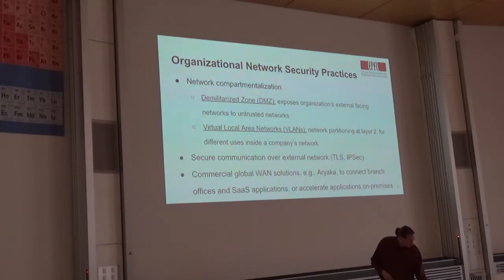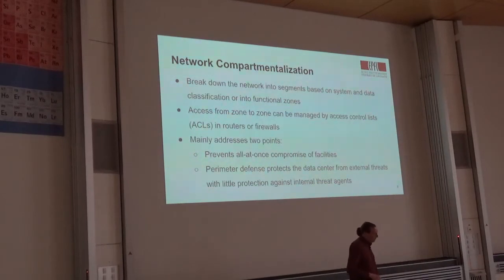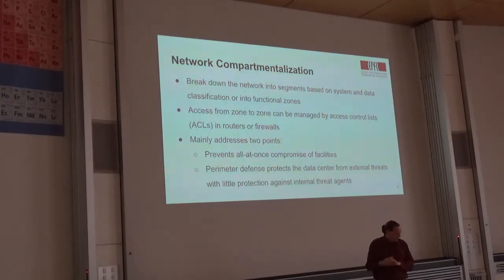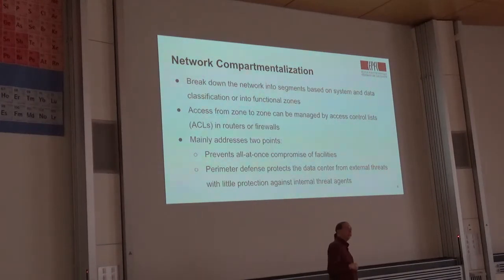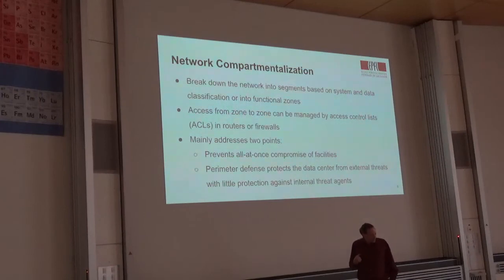So in general, once again, network compartmentalization is the process of taking a big network and breaking it up into smaller subnetworks or zones or VLANs or different types of compartments. Basically for two reasons.